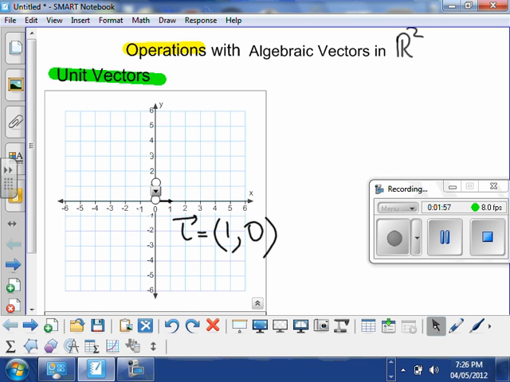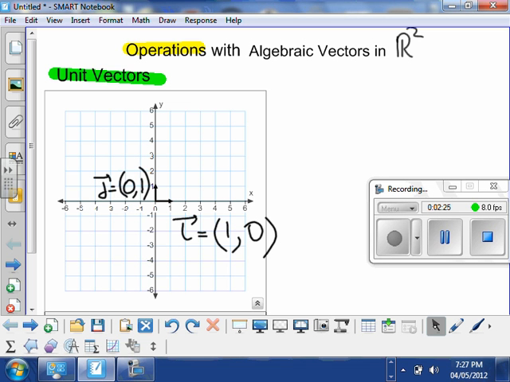A little bit too long. Let's make it shorter. Okay, it's decent. My second vector, the one along the y-axis, I'm going to call it j. And as a position vector, the x-coordinate is 0, the y-coordinate is 1.